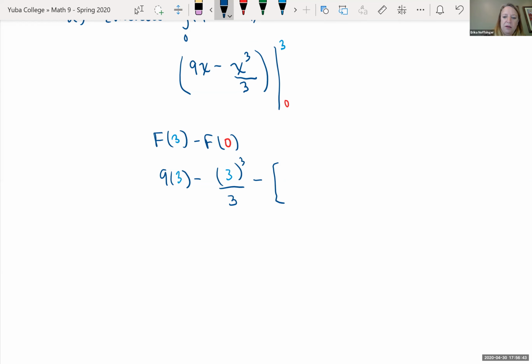And so now plugging in 0 wherever you see an x, we have 9 times 0 minus 0 cubed over 3. So we get 9 times 3 is 27, minus 3 cubed is 9 divided by 3. Okay, so 9 divided by 3 is 3, which gives us back 24.